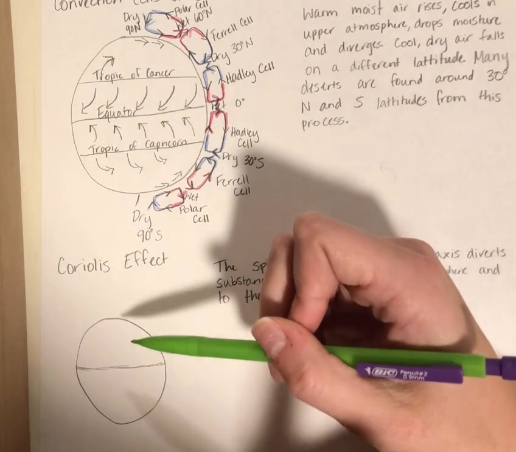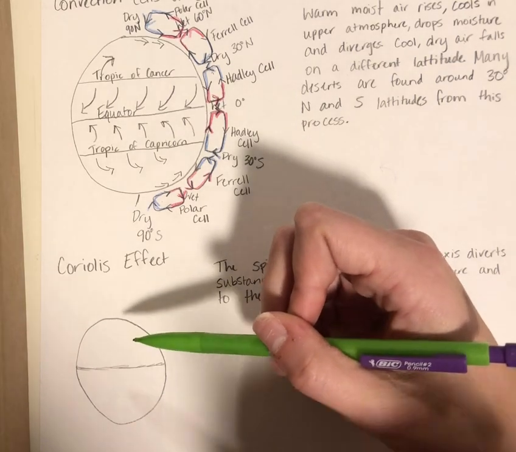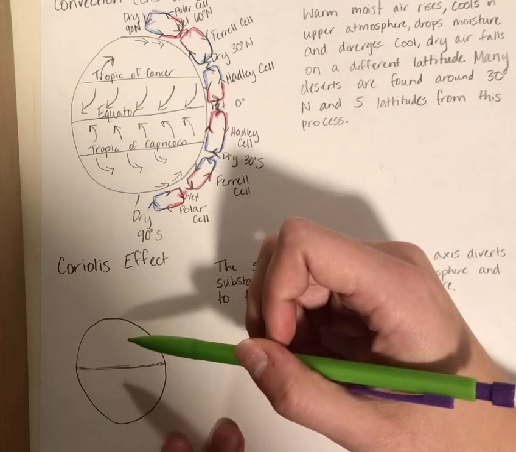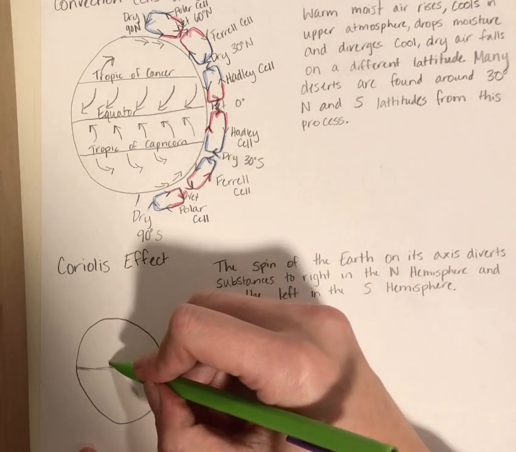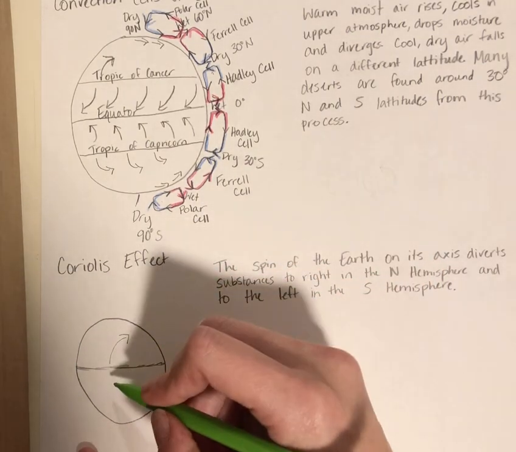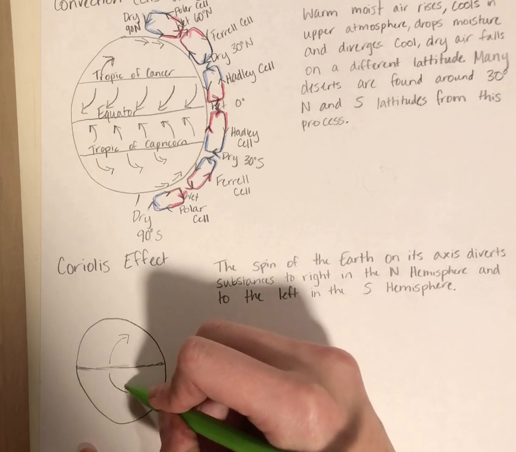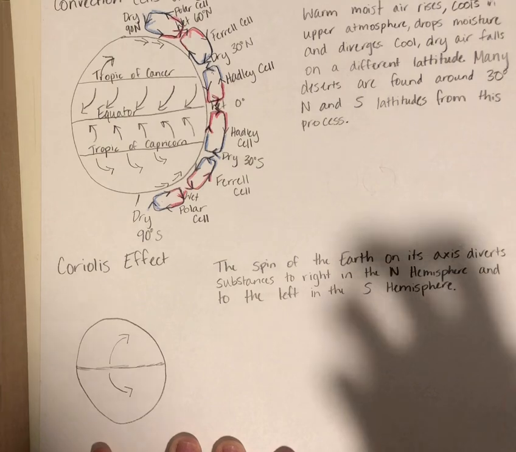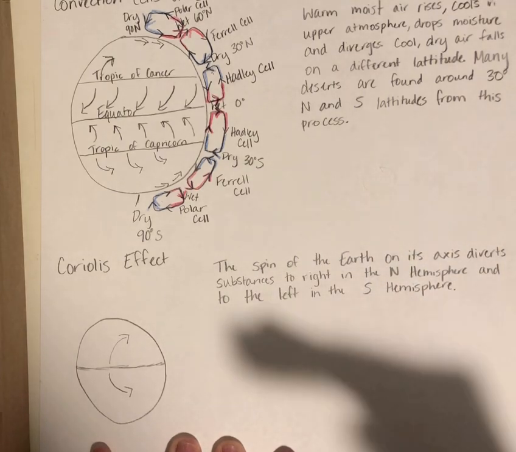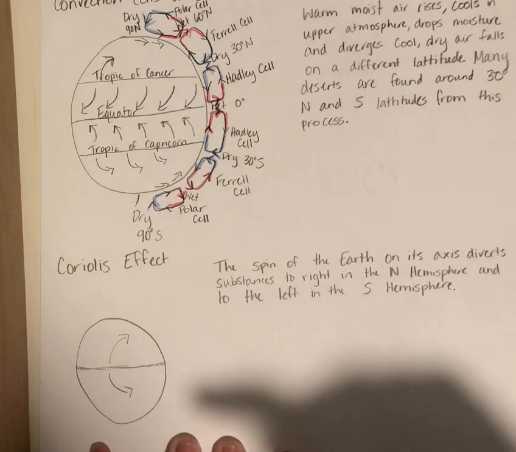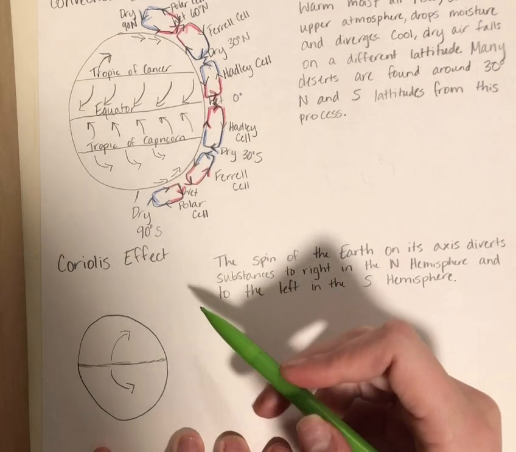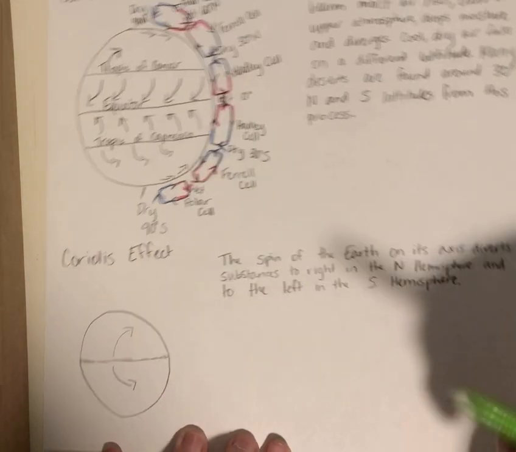I know that's hard to imagine right now, and I promise when we do the lab, when we can finally come back together, it will make more sense. But this strictly tells us that because the Earth is round and because it's spinning, winds are not going to go in a straight direction. They're going to end up curving to the right in the northern hemisphere and to the left in the southern hemisphere.